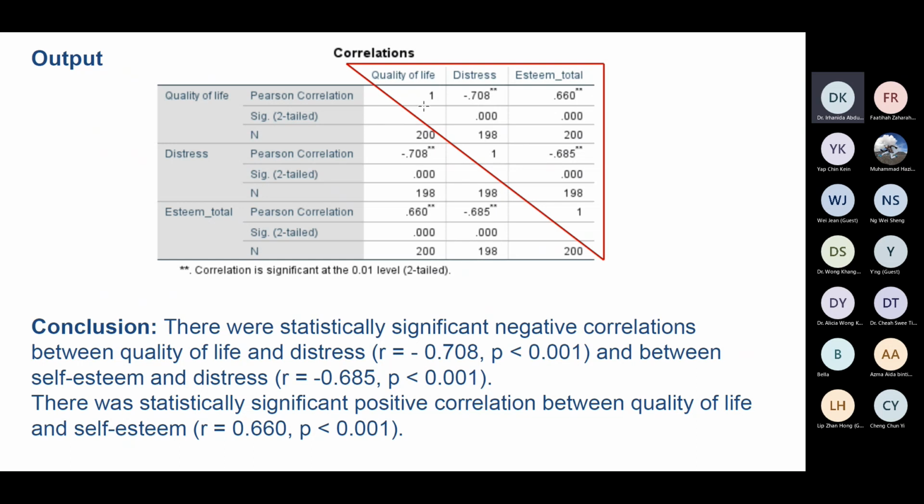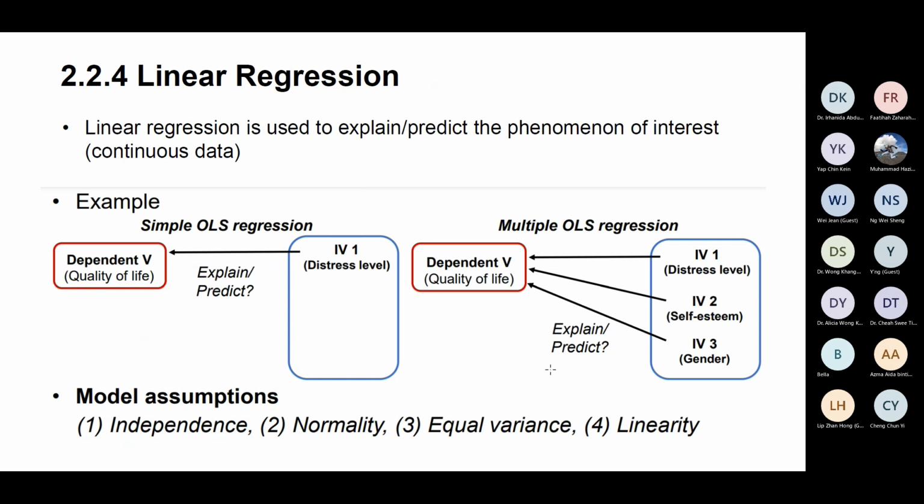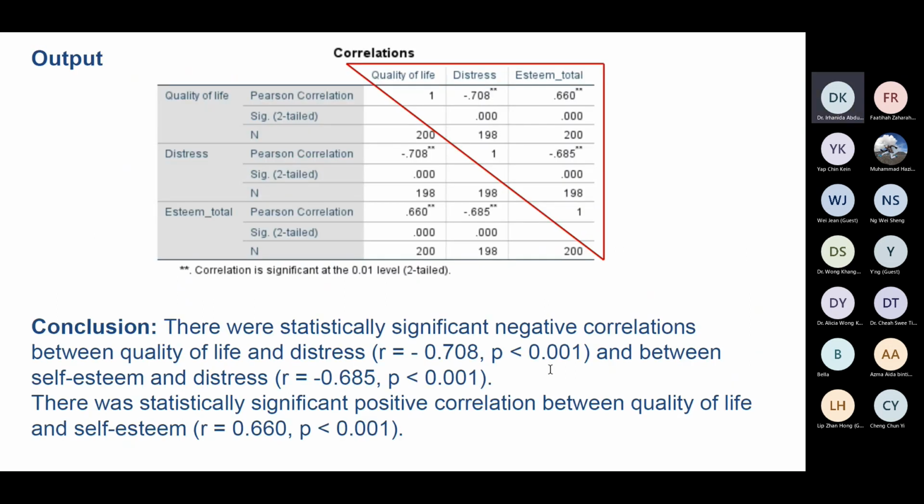And then between self-esteem and distress is also a negative correlation, okay, with the p-value lesser than 0.001. There was a statistically significant positive correlation between quality of life and self-esteem over here. Quality of life and self-esteem have a relationship, and the strength here is 0.660. Okay. It is a correlation.